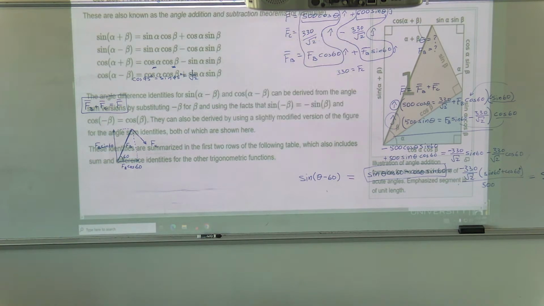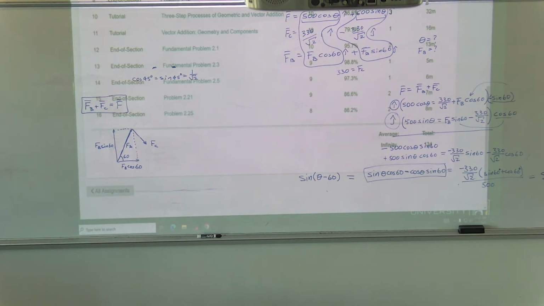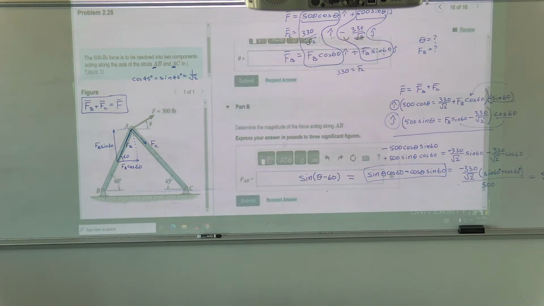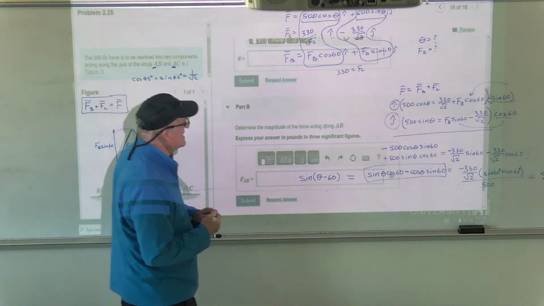Okay, so then the other question, what was the other question? Okay, where did it go? There it is. Part B, compute the magnitude of the force along AB.